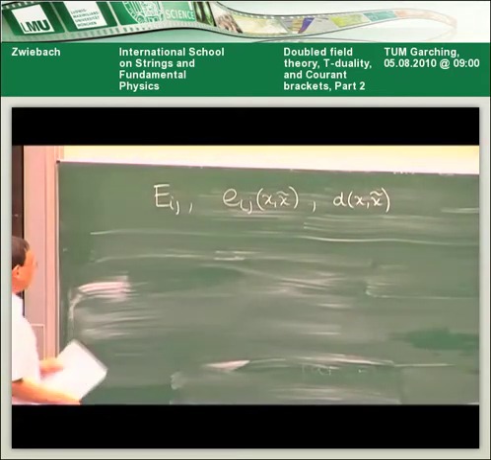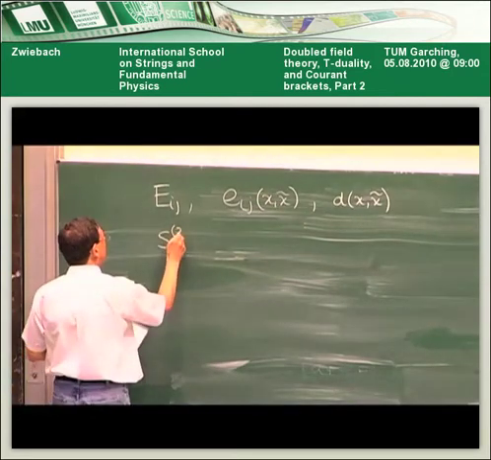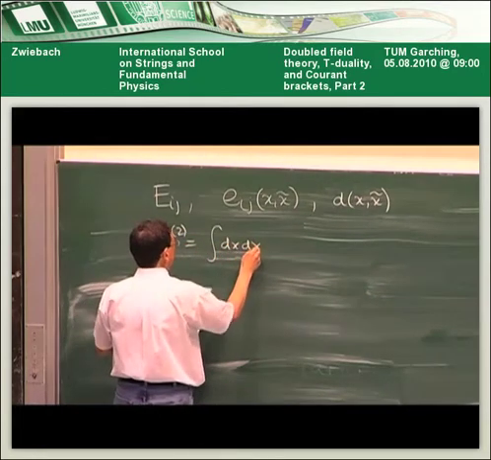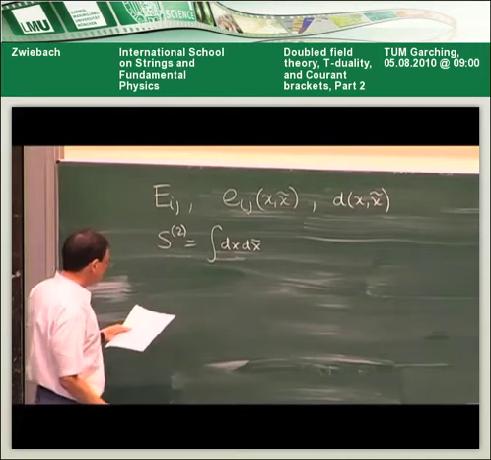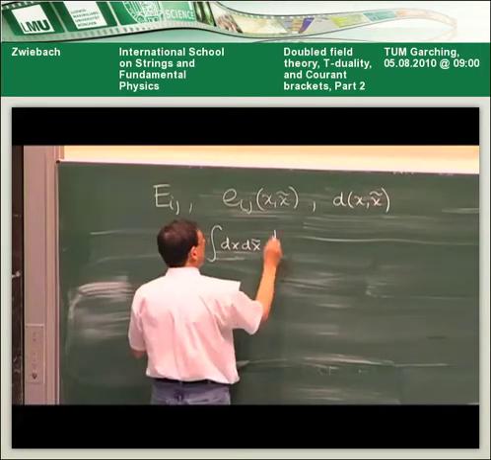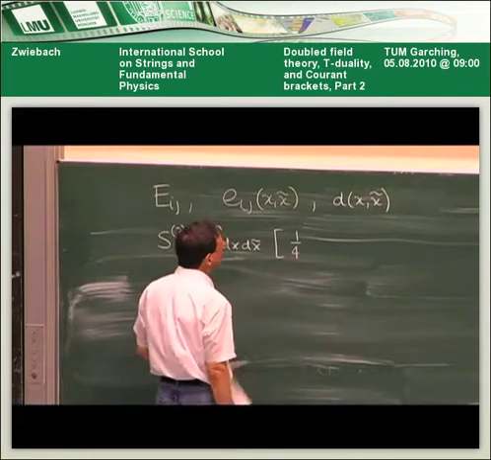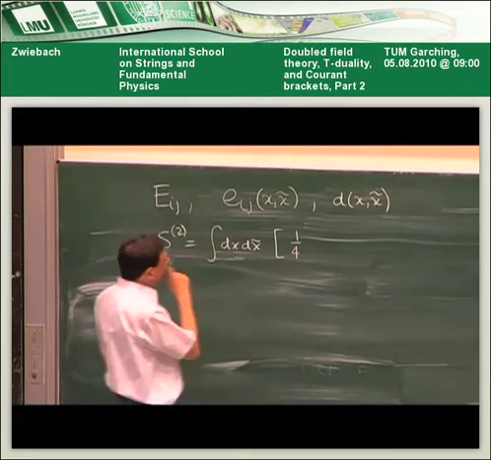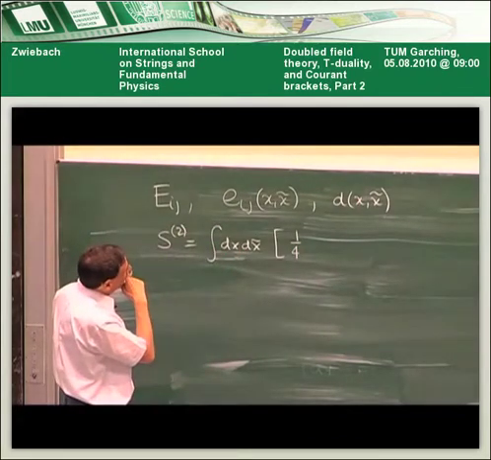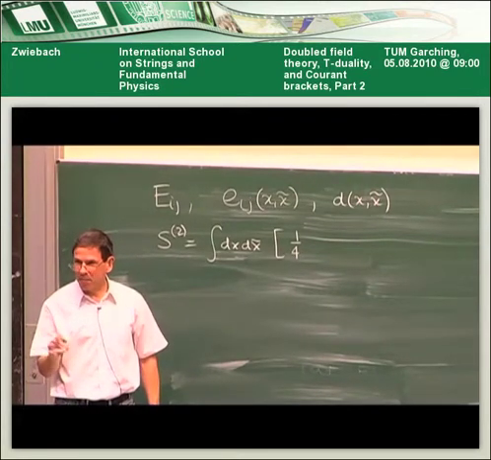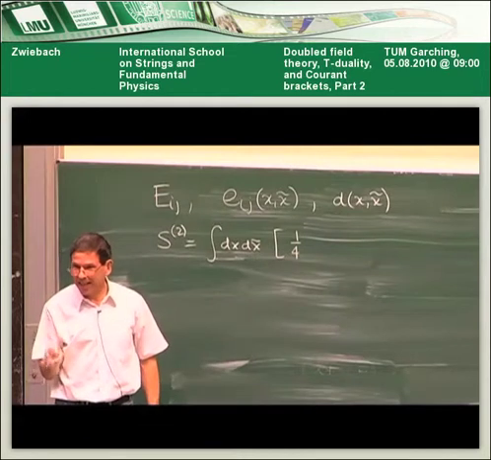So here it goes. Let's write a quadratic action. dx, dx tilde. We'll write that directly. It has to be doubled. So what are we going to have? Well, let's see. If we mimic gravity, we want to write things that make ODD sense.